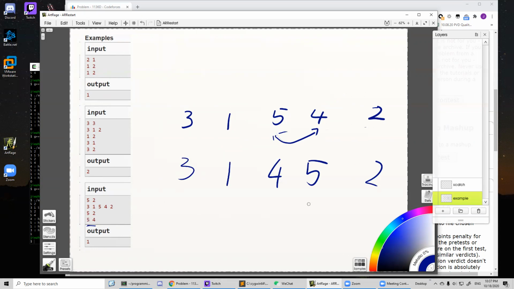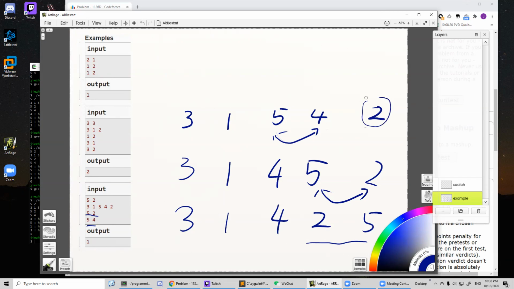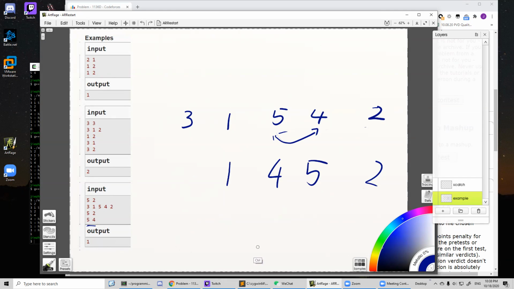And then we can switch 2 and 5, right? Because 2 and 5 is in the given pairs. So that we can get the array like this. So that is the best we can do. So we can move the last digit one step forward, right? So we output 1 here. So that is our problem.